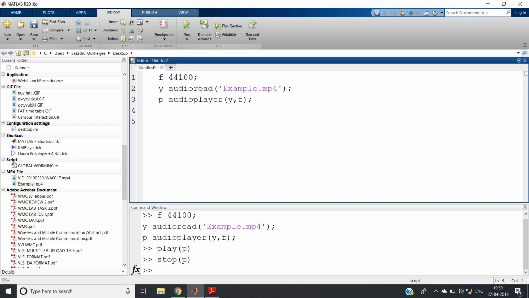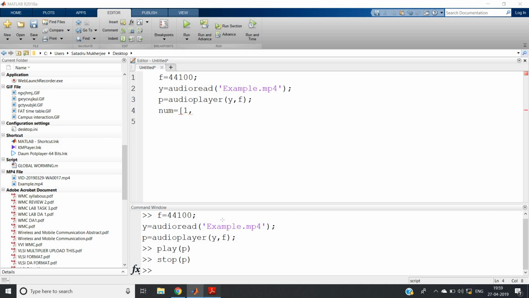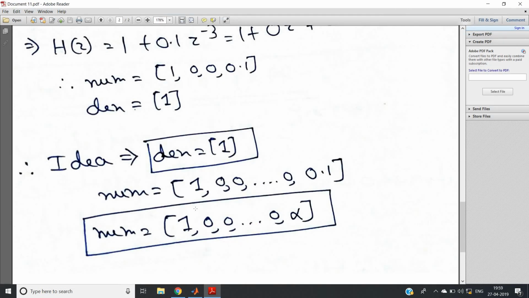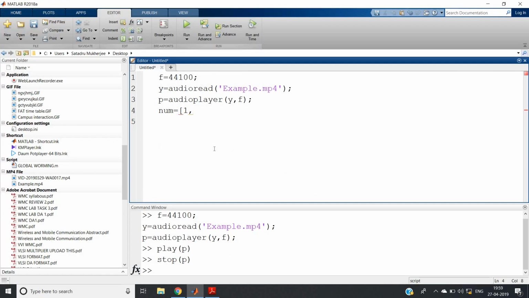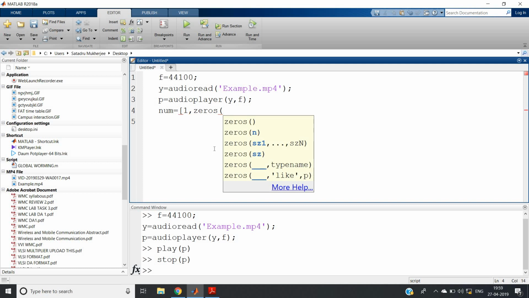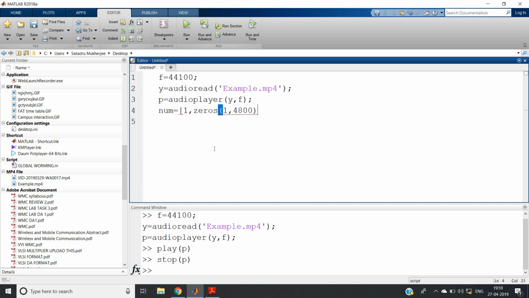Now what we have to do, num equal to our numerator, 1. Then to make the audio signal an echo, we have to give lots of zeros, and I told you that our processor works in gigahertz, so we should give a large delay. Large delay means a larger number of zeros. You know that the zeros command will make zeros. Let me take 4800 zeros, and then take the alpha value.